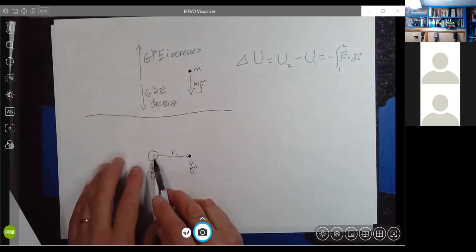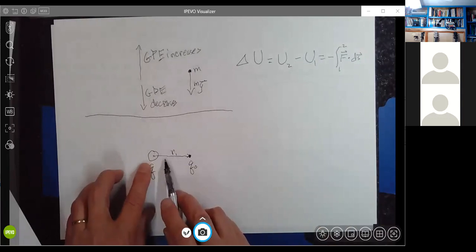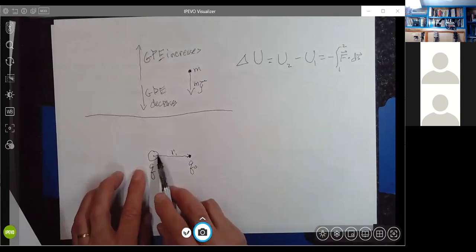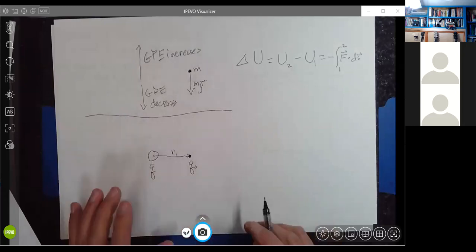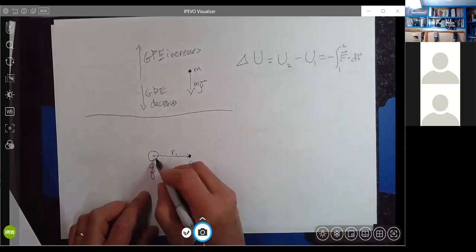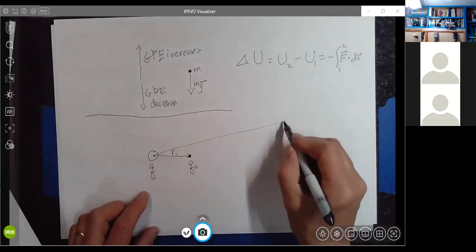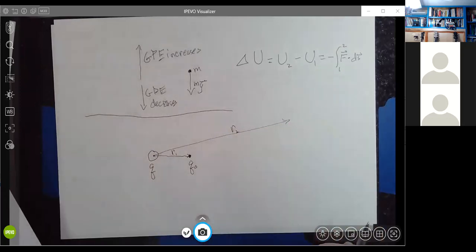The charge distribution outside of this plastic sphere acts as if all of the charge is concentrated at the center. That'll be our center of force, if we want to think of it that way. Then we're going to move it out to a larger distance R2.